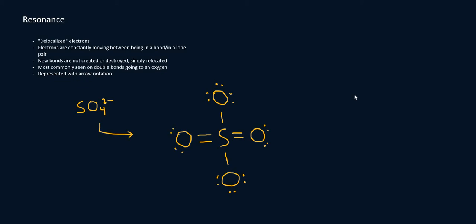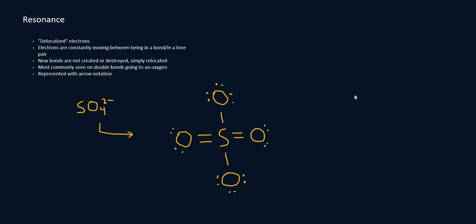Resonance involves a lot of oxygen bonding, particularly double bonding and single bonding. If you're not comfortable with the typical bonding patterns of oxygen, I would refresh that a little bit before you head into thinking about resonance.